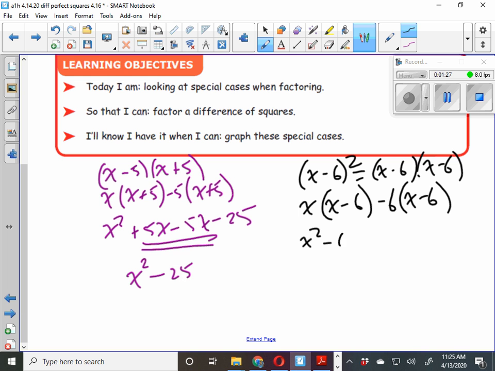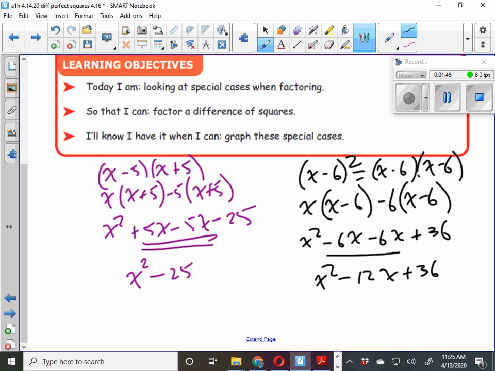X squared minus 6x minus 6x plus 36. Notice that those don't go away. You actually end up doubling that middle term. So you get x squared minus 12x plus 36. And the sooner we can recognize those patterns, the easier this is going to be.